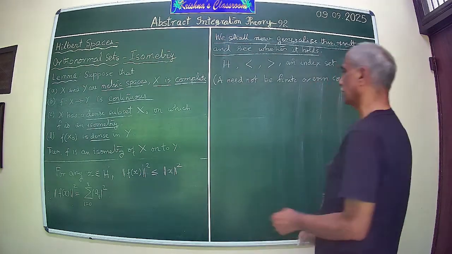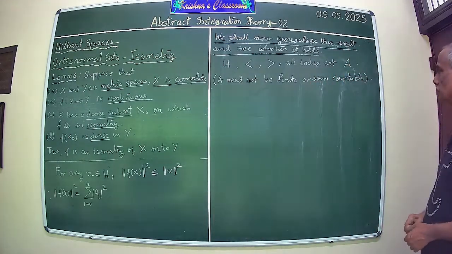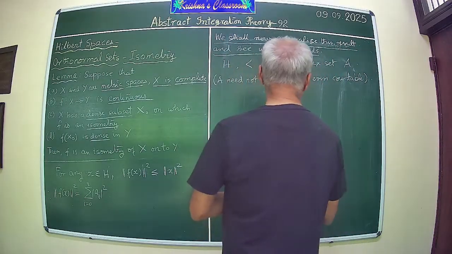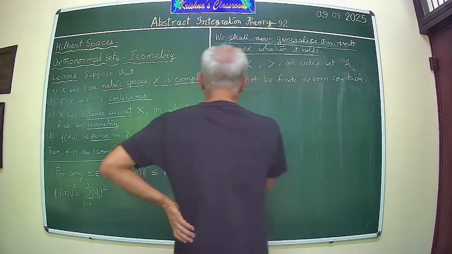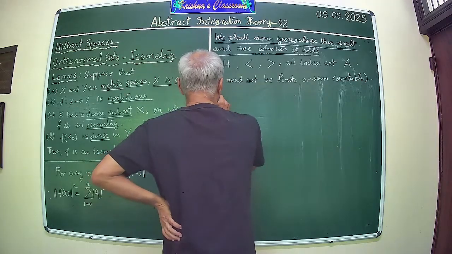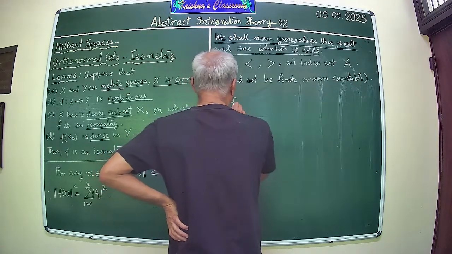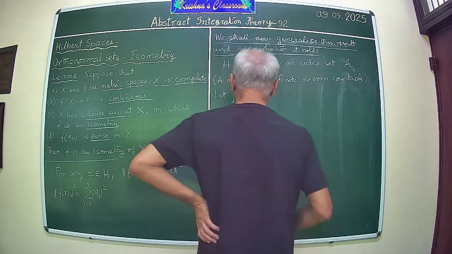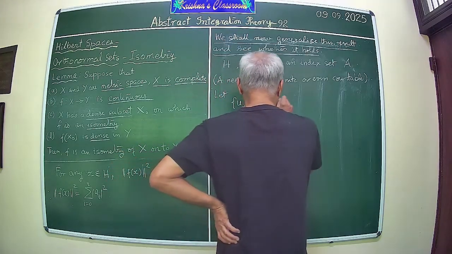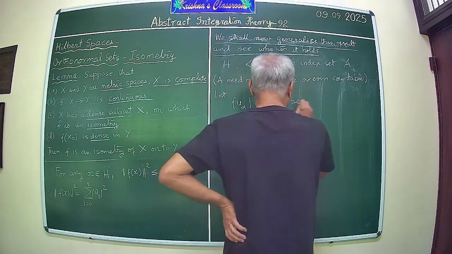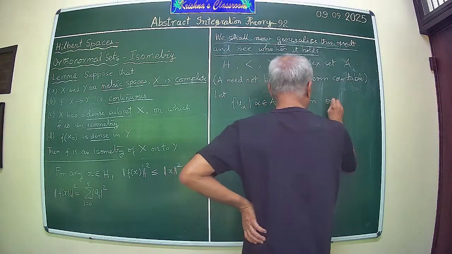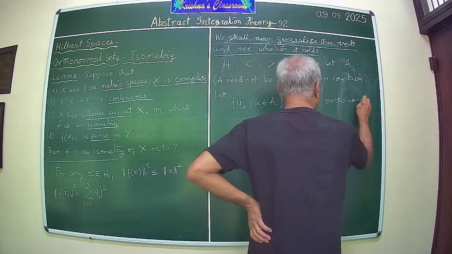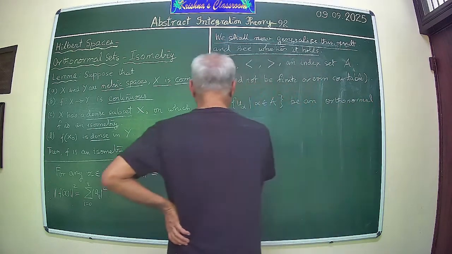It's some subset. It's an index set. So U alpha, alpha belonging to A, has to be an orthonormal sequence.